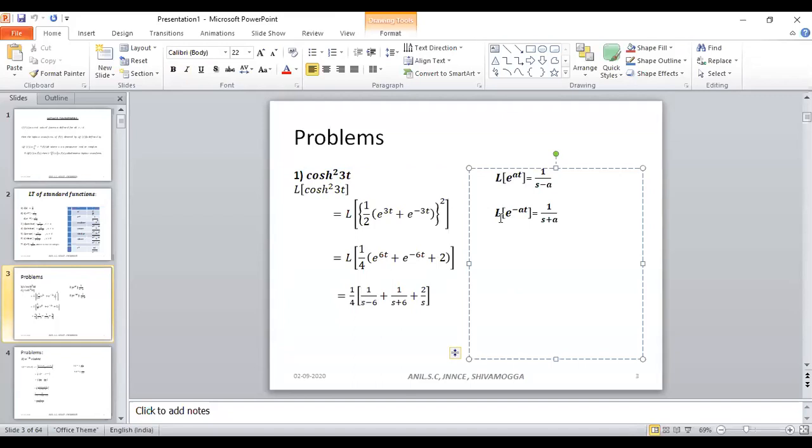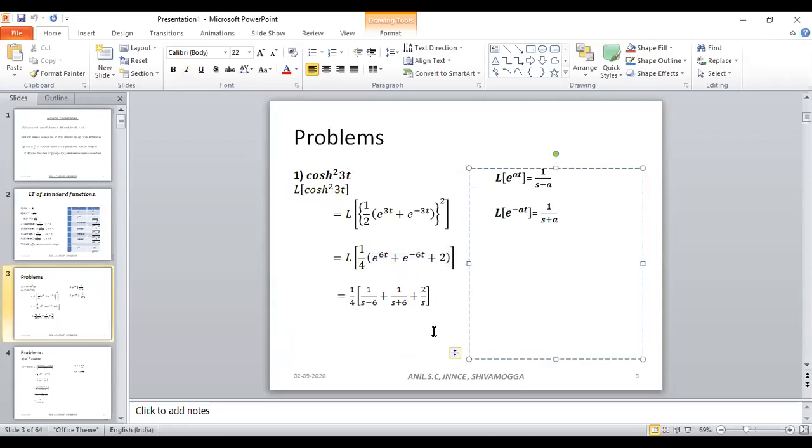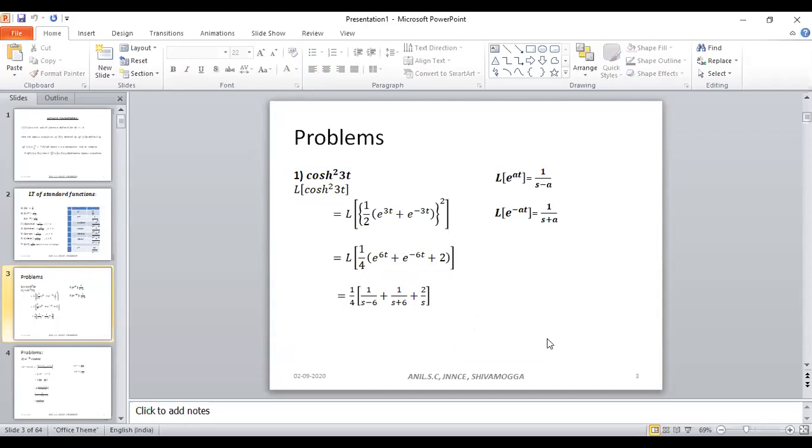It takes this form, e power minus at is 1 over s plus a, and here a is 6, therefore 1 over s plus 6. And we know that Laplace transformation of a is a by s, therefore 2 is 2 by s. So we get 1 by 4 into 1 over s minus 6 plus 1 over s plus 6 plus 2 by s. This is the Laplace transformation of cos hyperbolic square 3t.